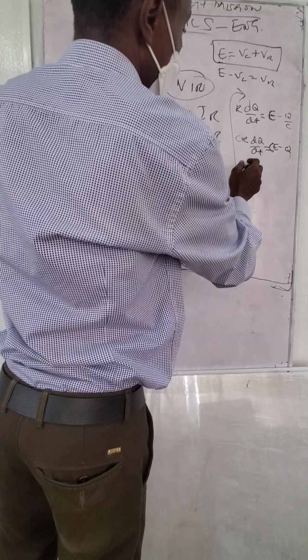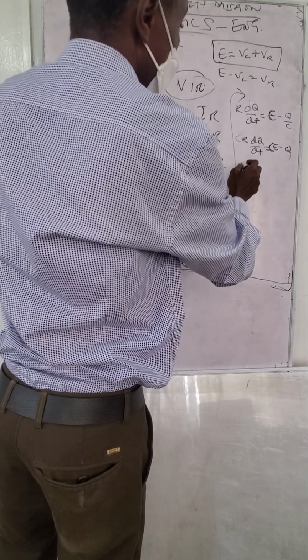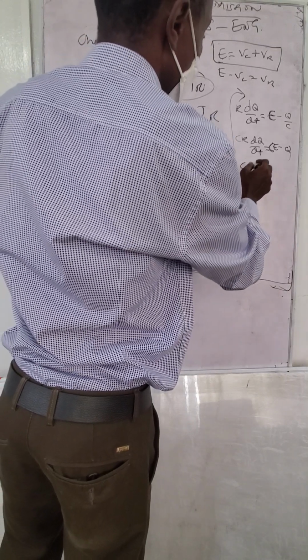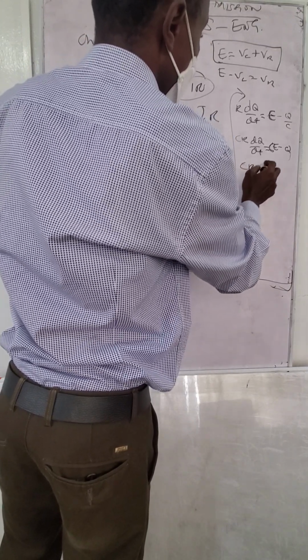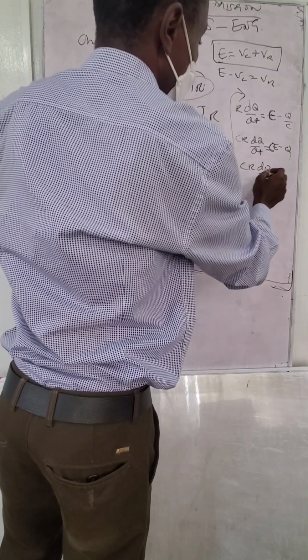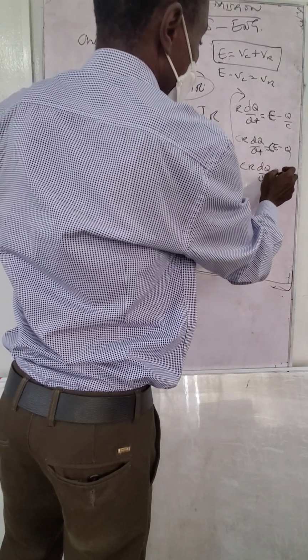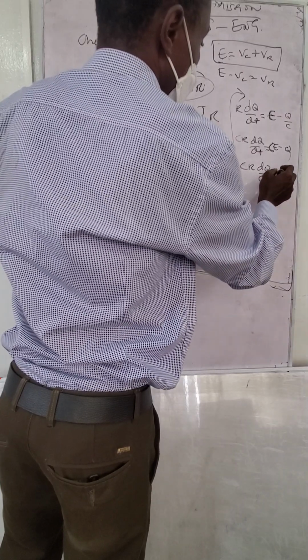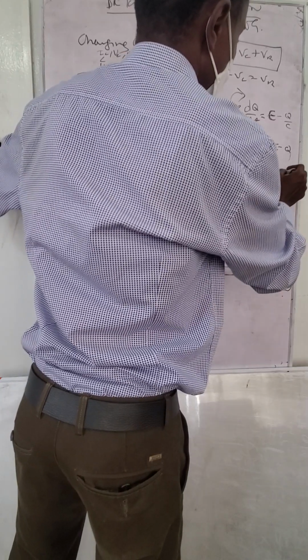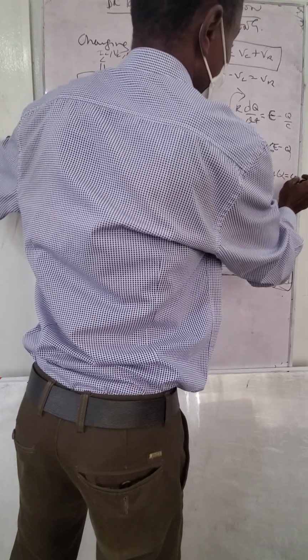So this becomes Q plus CR dq dt, or let's go to CE.